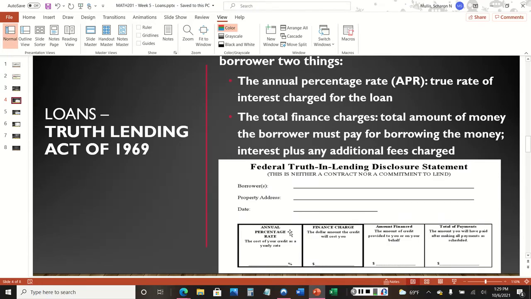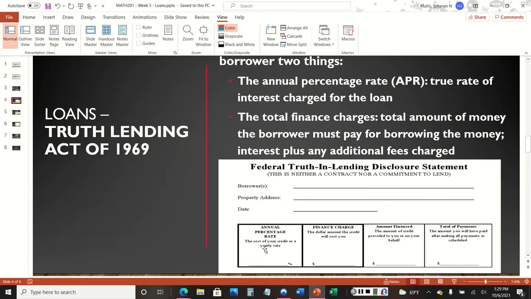Those are the 2 things that you have to see on any loan that you receive. You have to know what the APR is, and you also need to know what the finance charge is. So they'll also put the amount that's financed and then the total payments, which is the principal plus all of the other fees plus the interest, all of that wrapped up in the total payments.